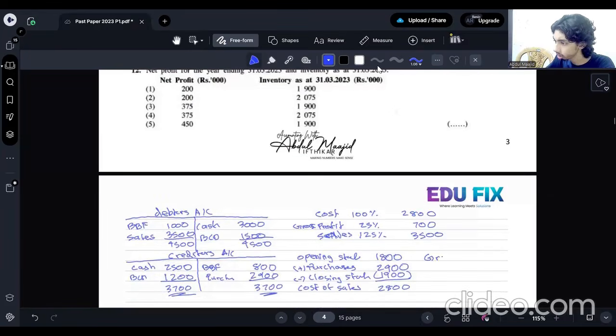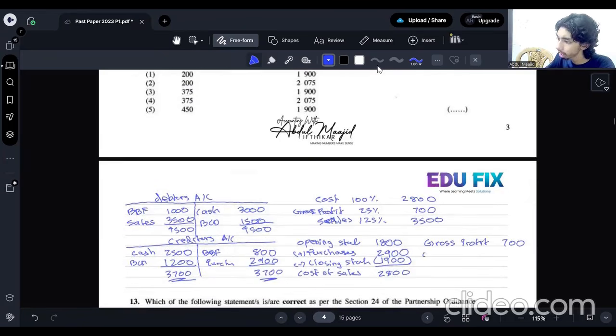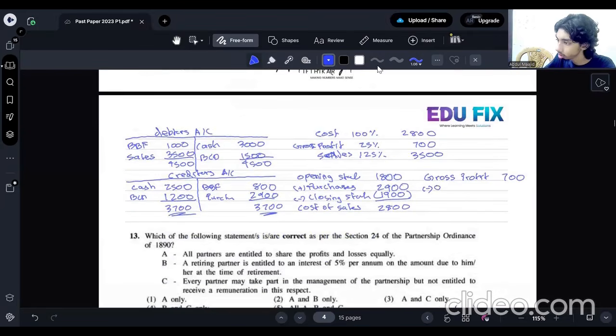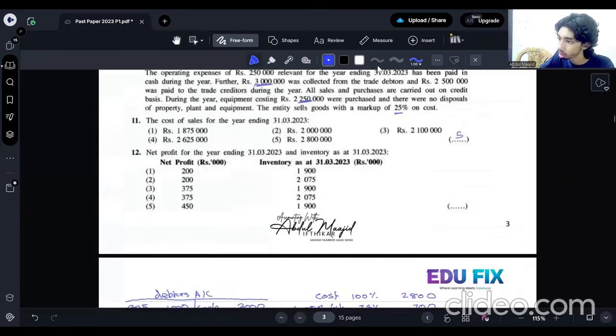Now, how to find your net profit? Gross profit is given as 700. From the gross profit, you minus your other expenses. There is no other income. See here, operating expense of 250 relevant for the year has been paid. So you can say minus operating expense paid 250.